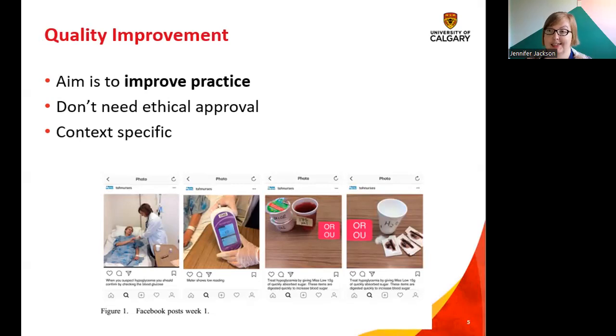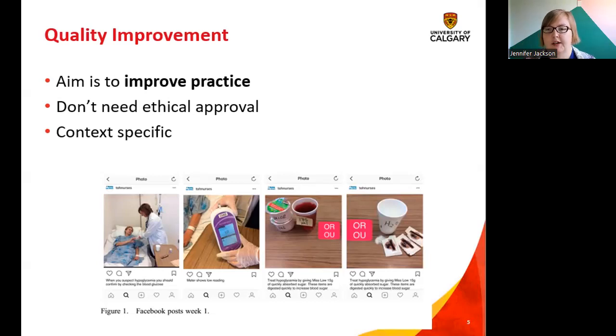Quality improvement is context specific, so it applies to, say, Unit 45 at X hospital. It doesn't apply across borders and that type of thing. Now, quality improvement, that doesn't mean there aren't lessons for other settings, but it is very much context dependent.